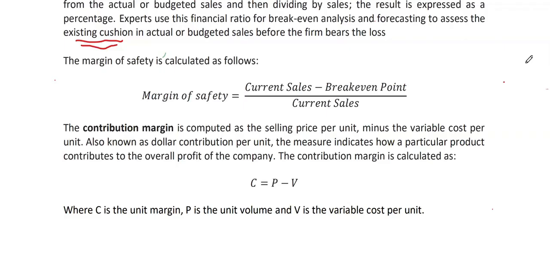It tells you as well that if your sales fall by more than the margin of safety percentage, then you'll be making a loss. And in a general sense, it just tells you the cushion that the company has, the cushion that its current sales level in quantities provides above the margin of safety.